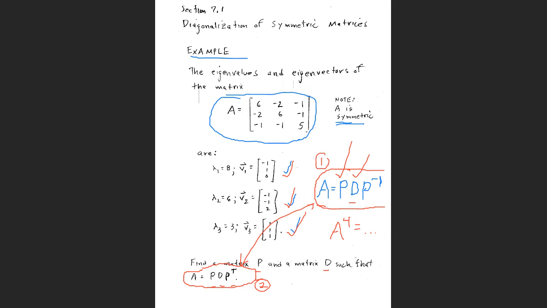That's exactly right, Benjamin. The transpose is easier to find than the inverse. To find an inverse of a matrix takes effort and computing power. So certainly, if we can express this symmetric matrix A as P times D times P transpose, that would be nice.